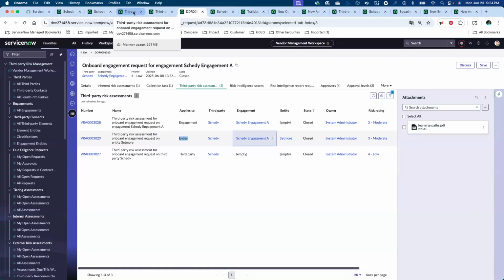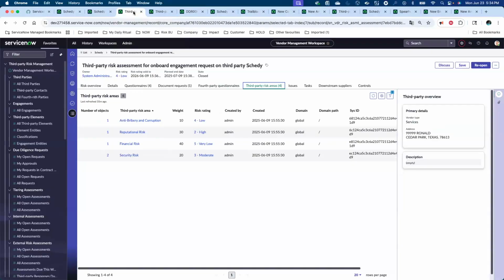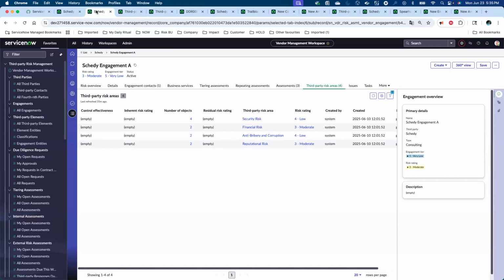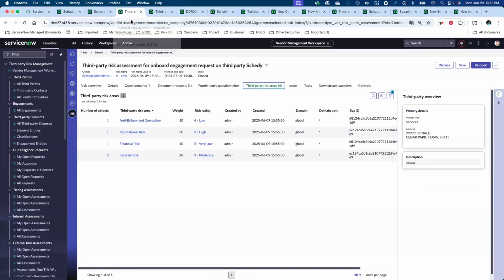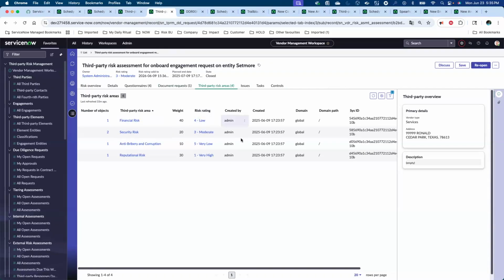the third-party schedule will now perform its calculations. Let us start with looking at the risk area anti-bribery. For anti-bribery for third-party assessment, we also have to look at the engagement itself. For engagement, anti-bribery is 4 low, here we also have 4 low for assessment, and then we have 5 very low.